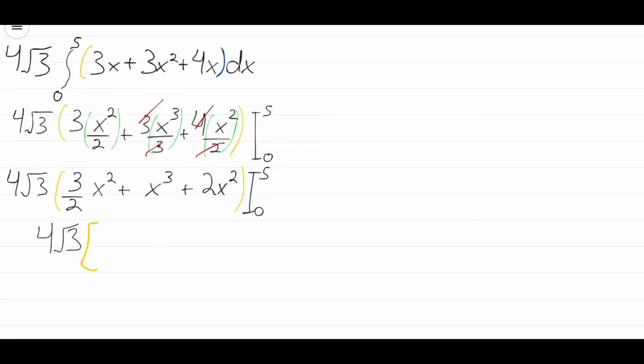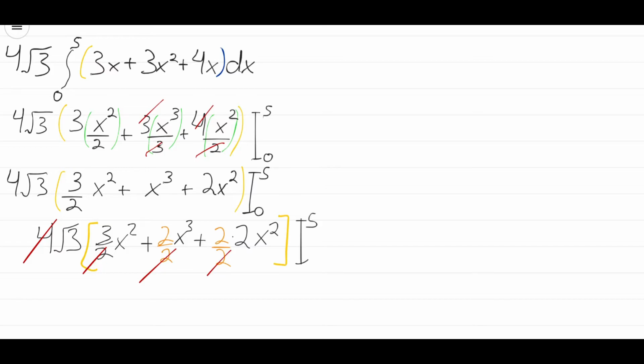And now what we're going to do is plug in 3 over 2 x squared plus x cubed. We're going to have a common denominator of 2 for each term, so that way we can factor out something, because it makes it easier when we plug it in. So 2 over 2 times x cubed plus 2 over 2 times 2x squared, bounded from 5 to 0.